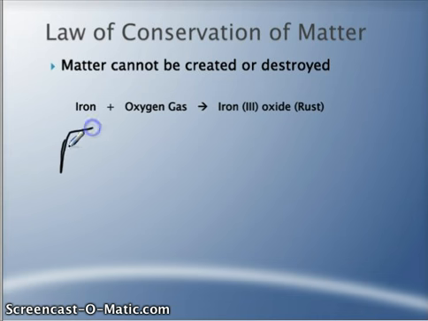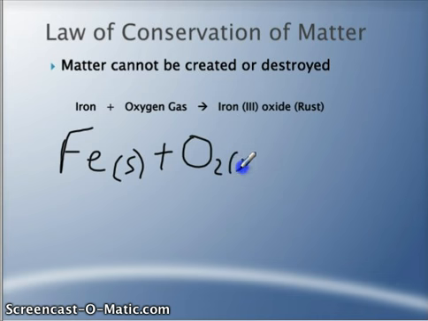Iron is just Fe. Now it is a solid, so we're going to start putting things like solid, liquid, gas, and then the one other one that we have talked about is aqueous, something dissolved in water. Oxygen gas, you need to know, is naturally occurring diatomic, so it's O2 gas. And now we're going to form iron 3 oxide.